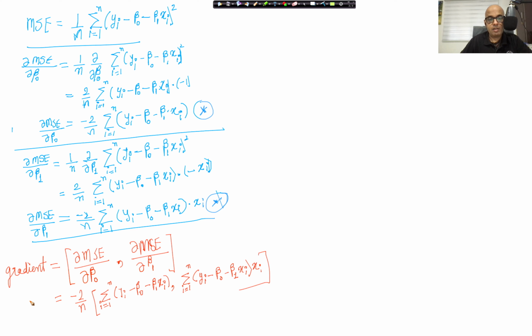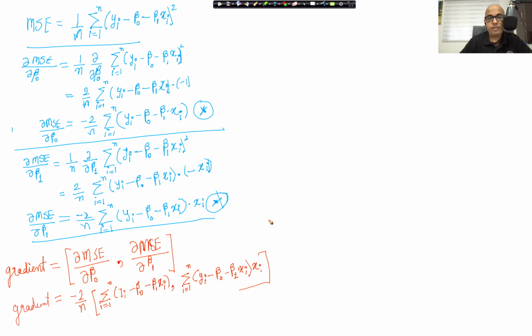So that is the final vector we have for calculating the gradient.